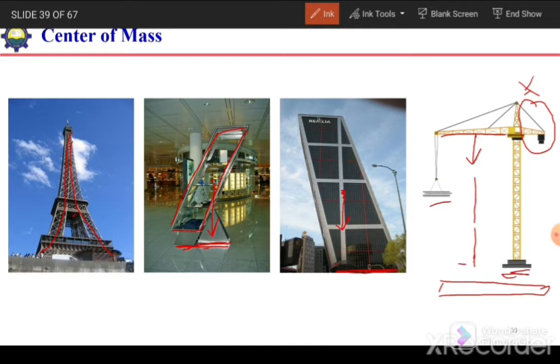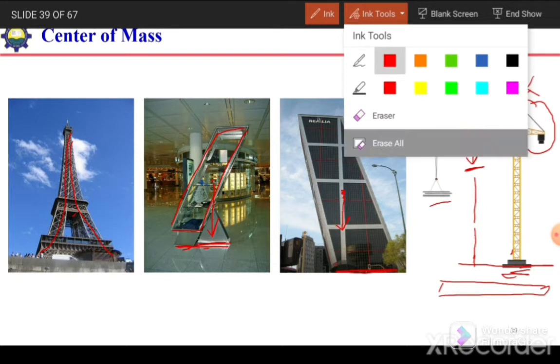So either we need to increase this base or we need to shift the center of mass. We cannot increase the base, the supporting area, because this tower crane is placed near the structure, so we cannot enhance its support or its foundation inside the structure.